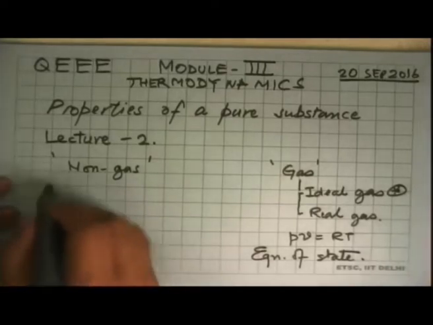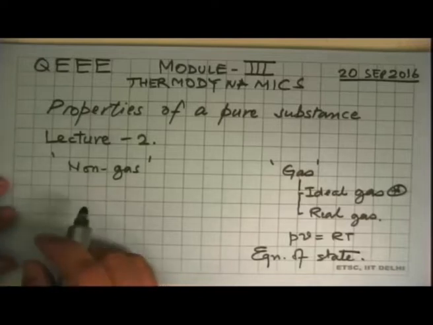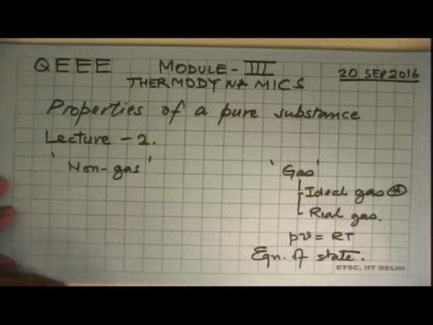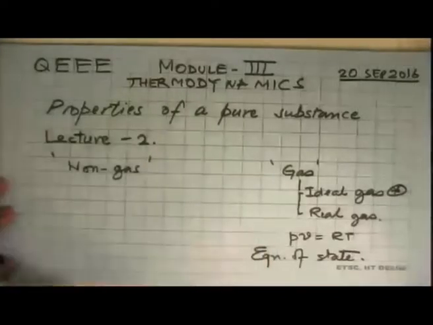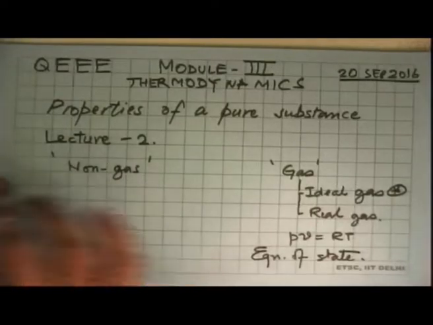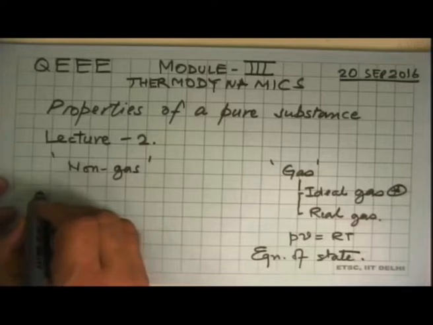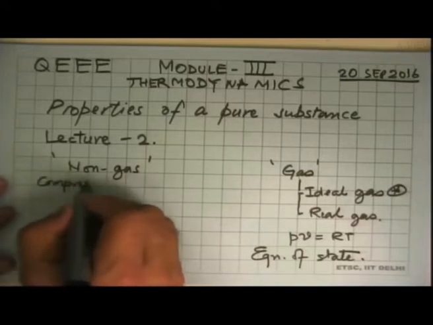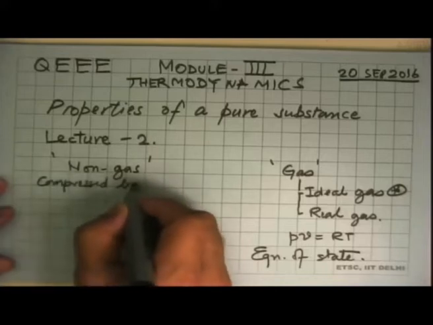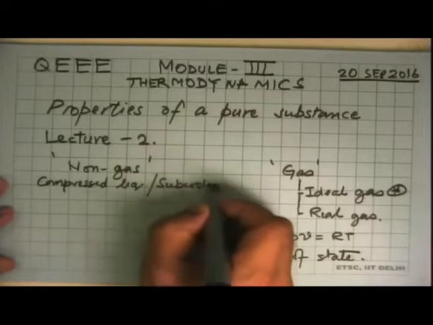Then we went through a discussion about how a material behaves, and we took the example of water at ambient conditions and looked at what happens to it when you do isobaric heating. And there we came across that a substance can exist in many phases. We said that there is a compressed liquid, which can also be called a subcooled liquid.